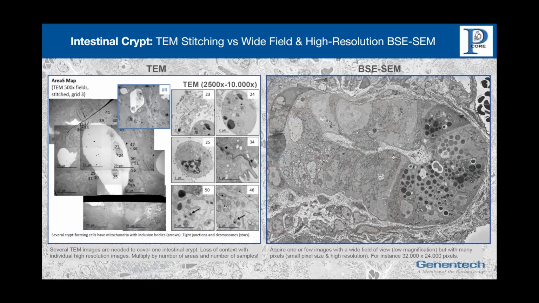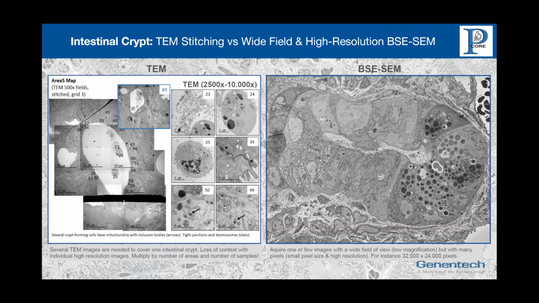Now, here's an example of how a traditional TEM workflow would compare with our new backscattered electron microscopy workflow. In the old times, I had to create many different images with a TEM at a small field and then stitch them together in order to get an overview of a larger area of a tissue, for instance, here an intestinal crypt.